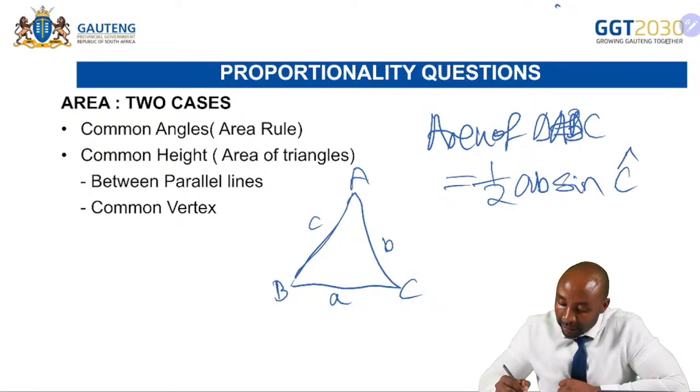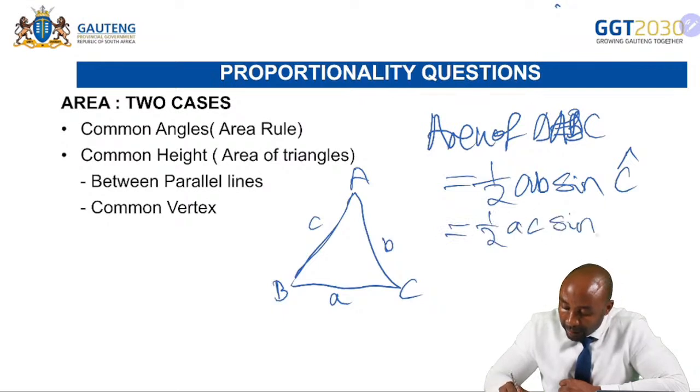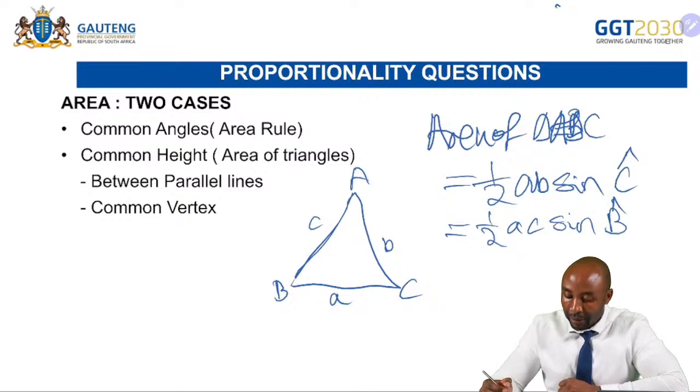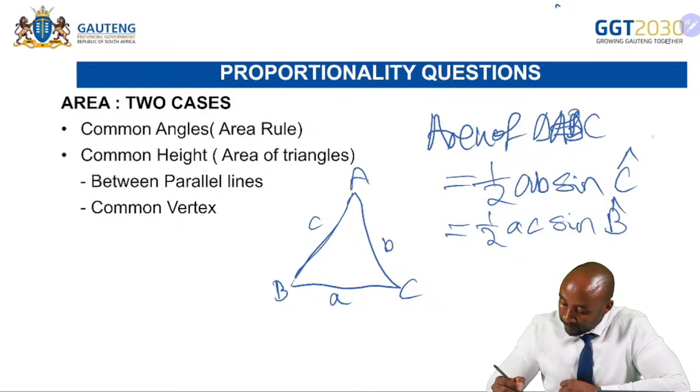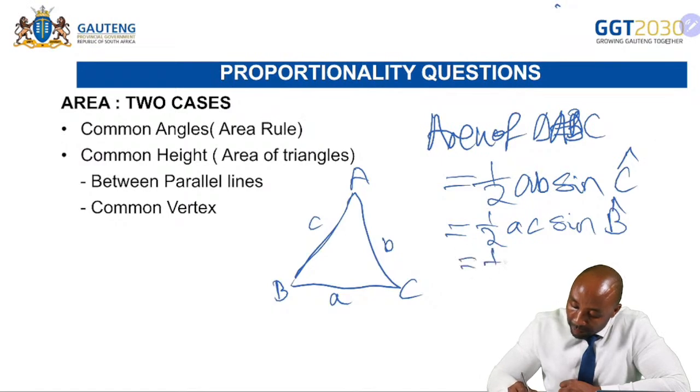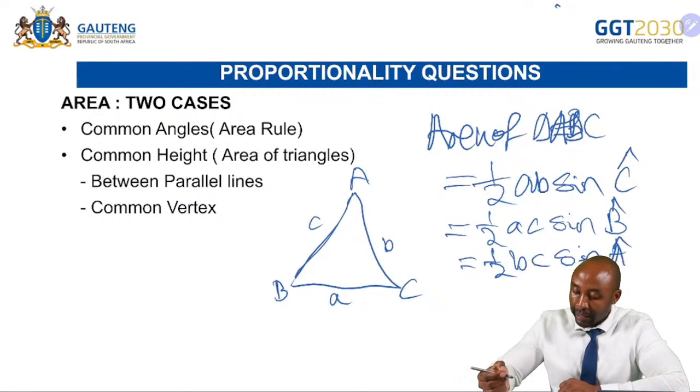We remember the area rule from grade 11, which is also half AC sine B. We are going to use this a lot as we are answering the questions. So we should be able to recognize the type of triangles that we are dealing with and which area rule to apply.